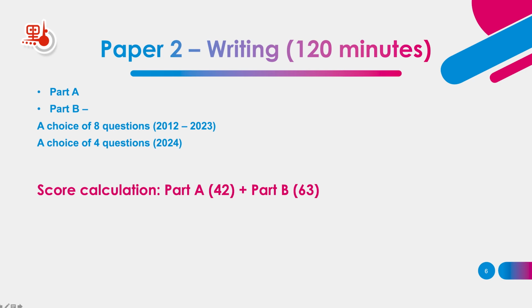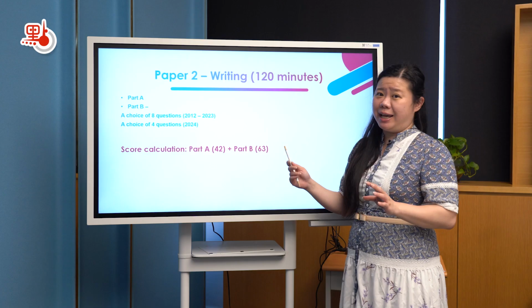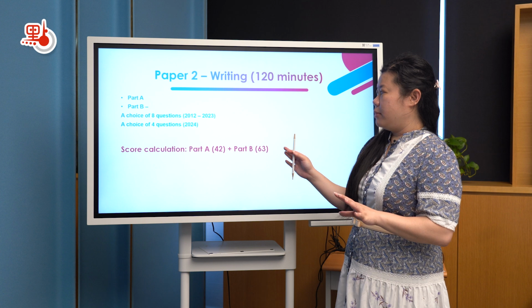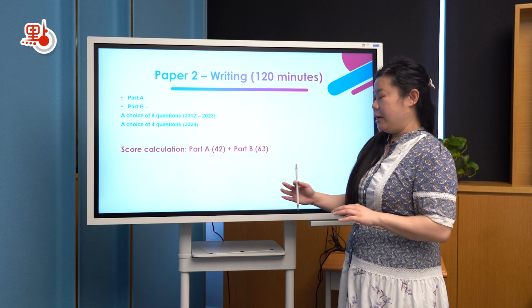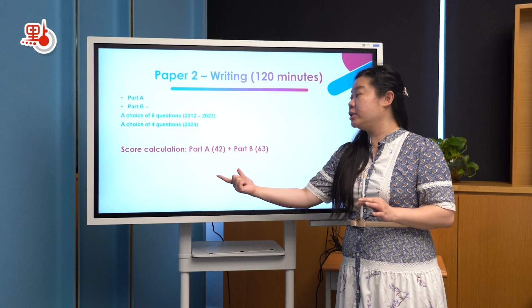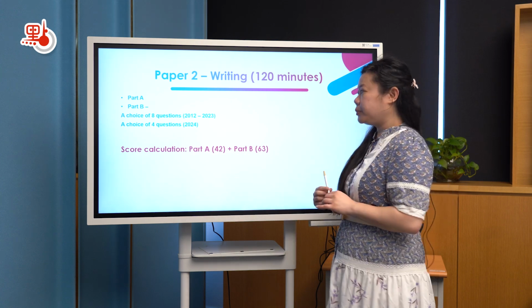So what's the catch here? If you look at the score calculation of part A and part B, part A has slightly fewer marks than part B. And you're required to write, of course, fewer words in part A as well.